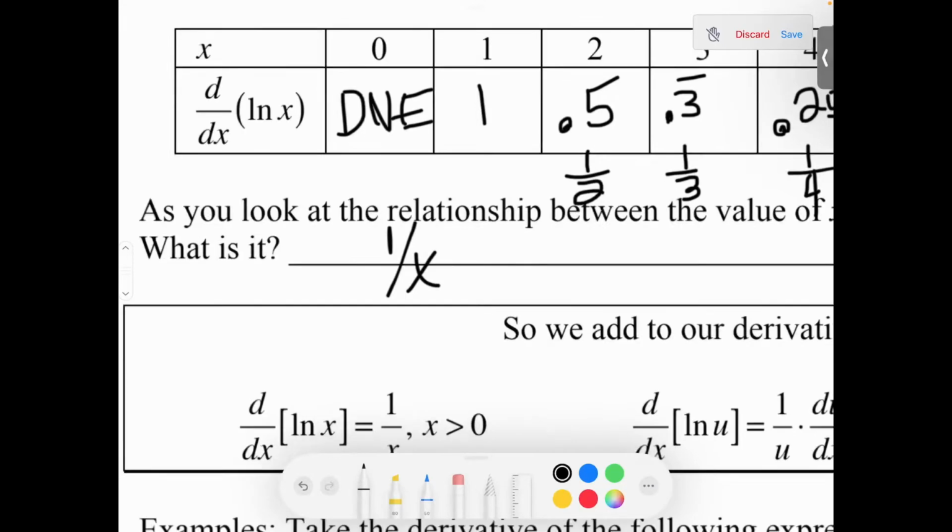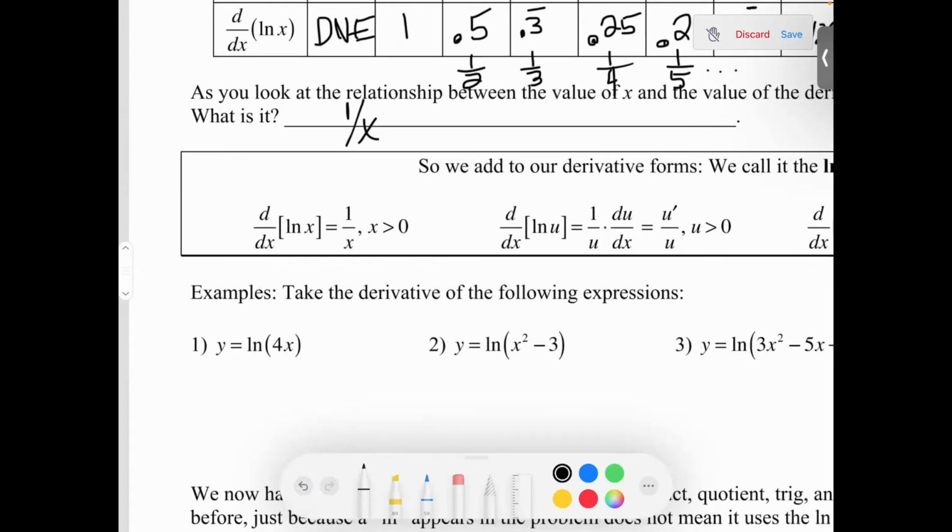So the derivative of ln x is actually 1/x, and we see that here in this first box. The derivative of ln of x is 1/x. Notice x has to be greater than 0. It can't equal 0. The reason it can't equal 0 is because we can't divide by 0.